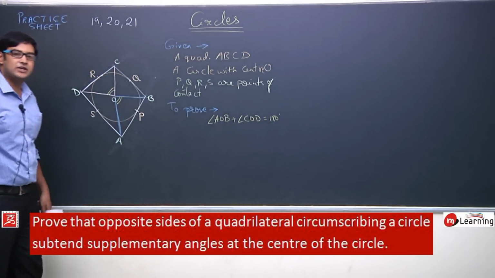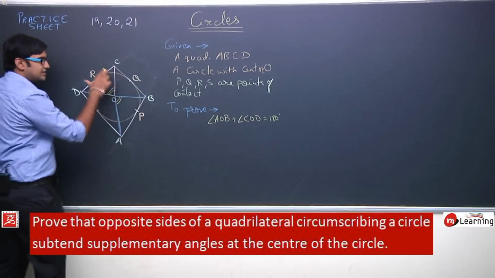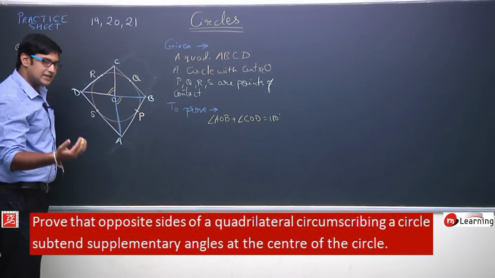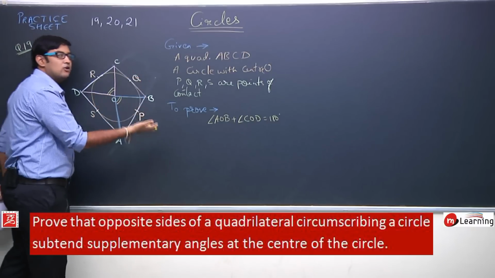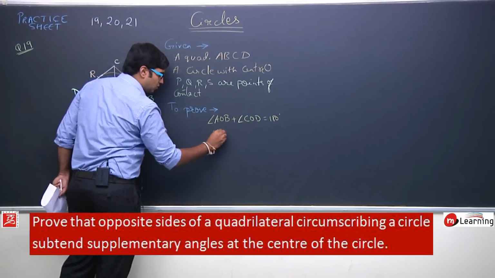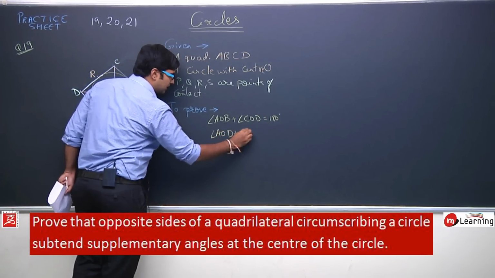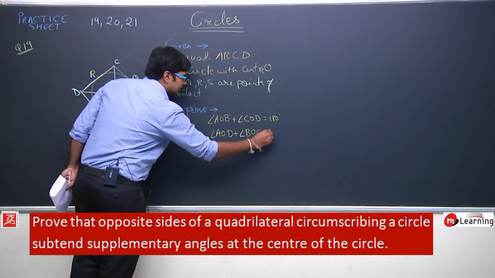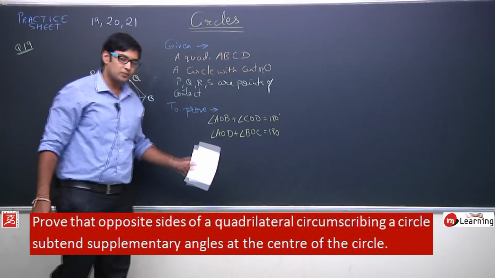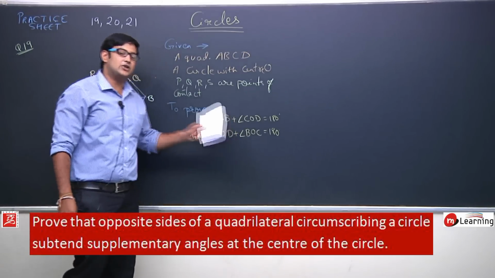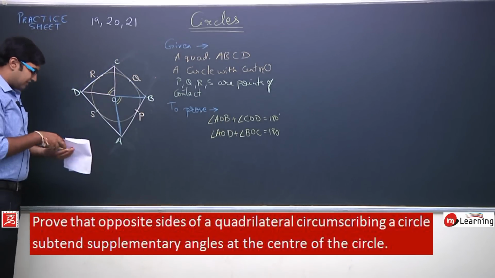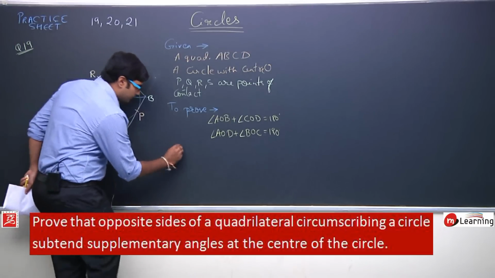This is the first thing that we need to prove. Since AB and CD are opposite sides, do we have another pair of opposite sides? Yes, AD and BC are also opposite sides. So angle AOD plus angle BOC is equal to 180 degrees. This is also what we have to prove. So these are the two conditions that need to be proved. Now we have written what to prove. Now let us start the proof.